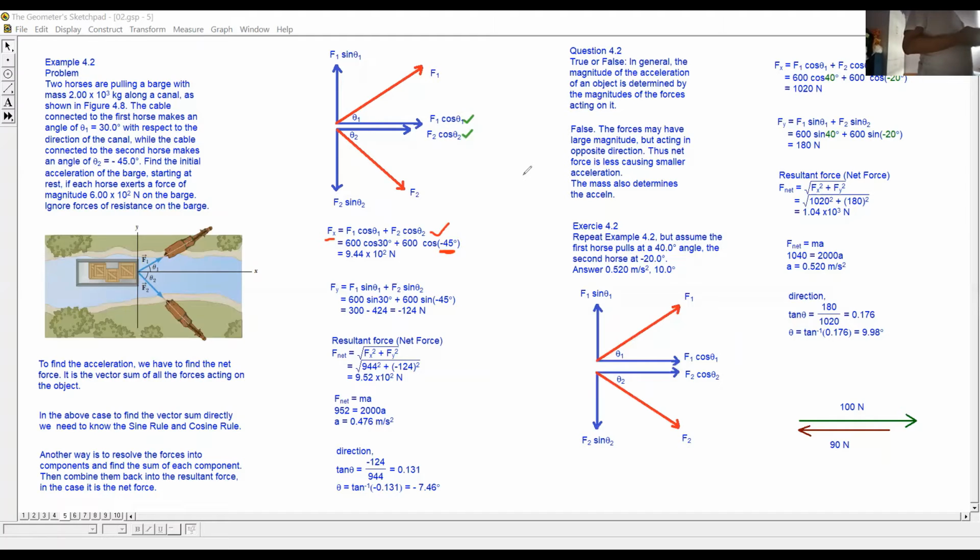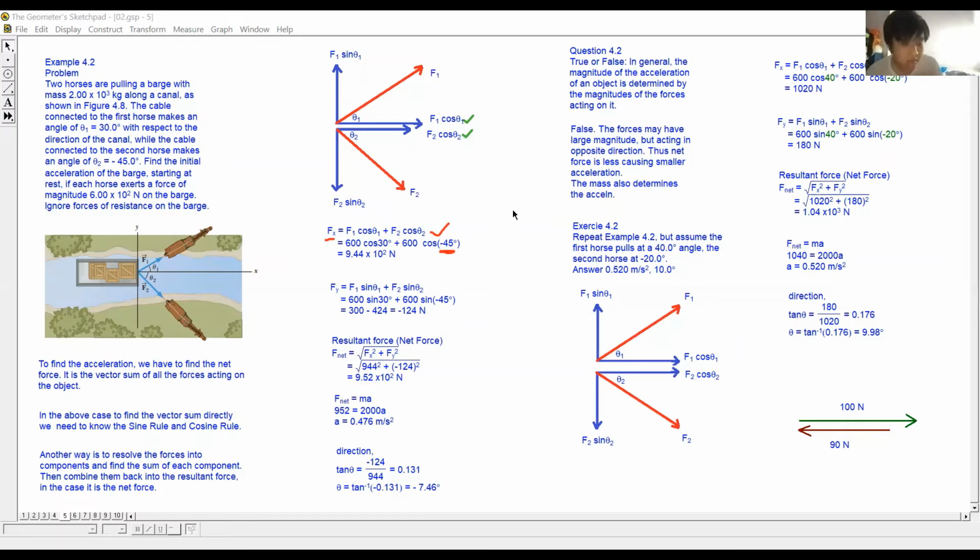Cosine 30 is actually root 3 over 2. You use the degree mode, don't use the radian mode.